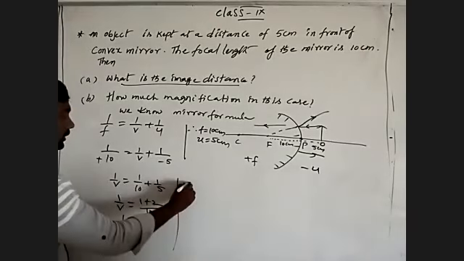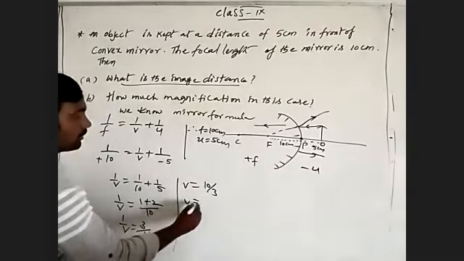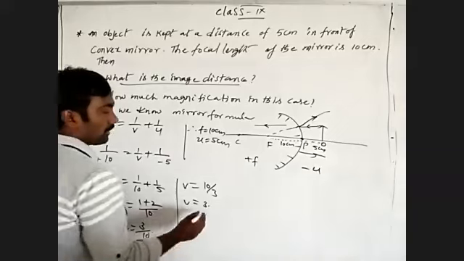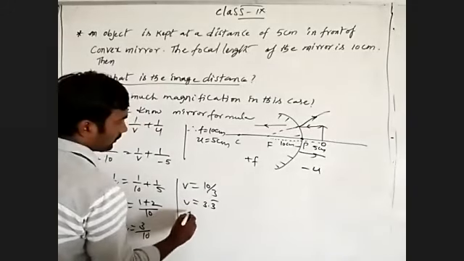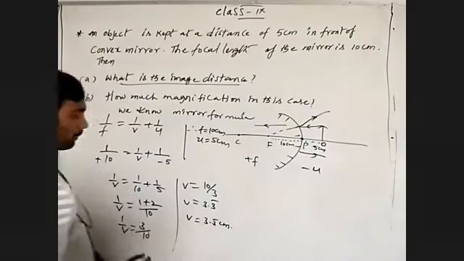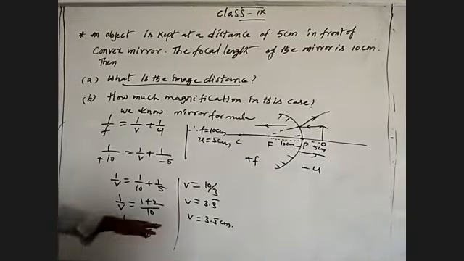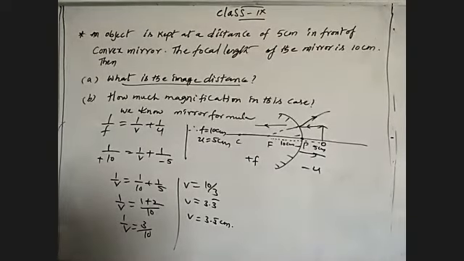By taking the reciprocal, v is 10 by 3, which is 3.3 centimeter. So the image distance is approximately 3.3 centimeter.